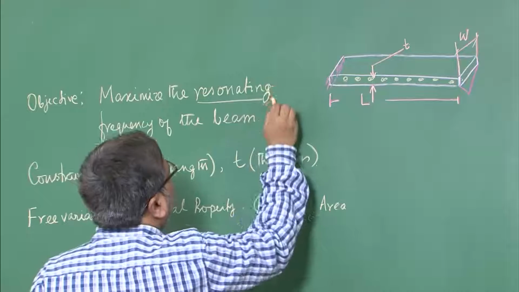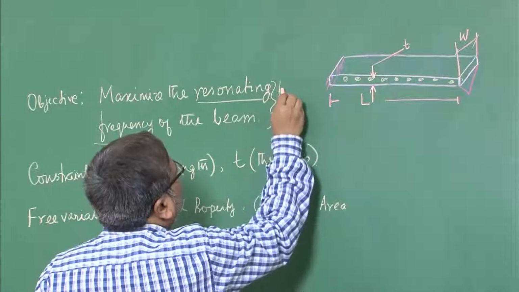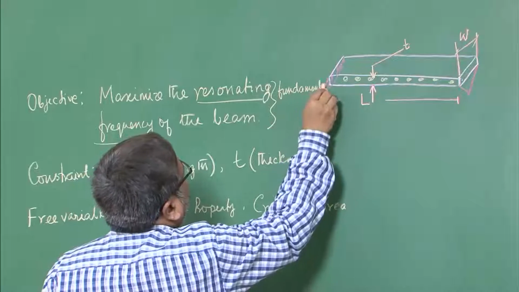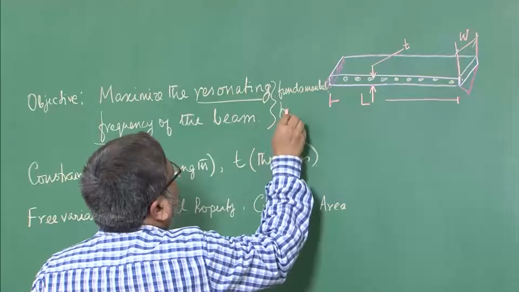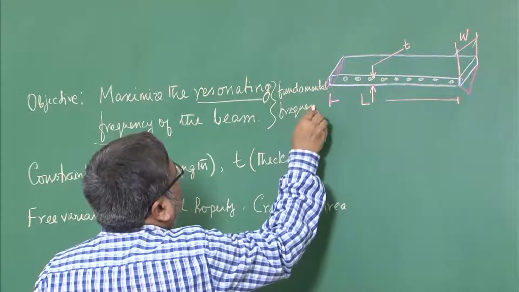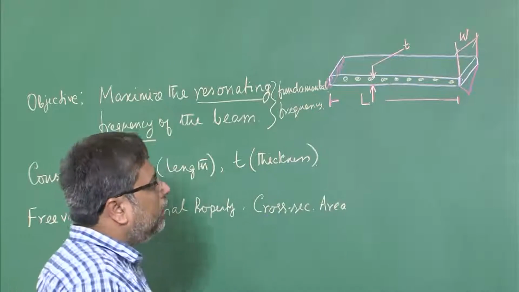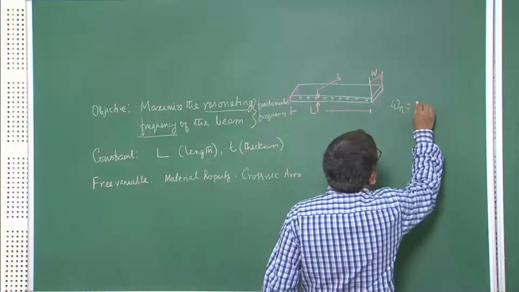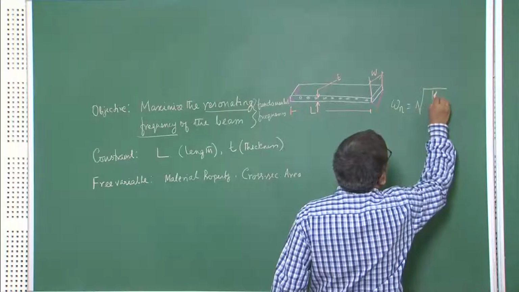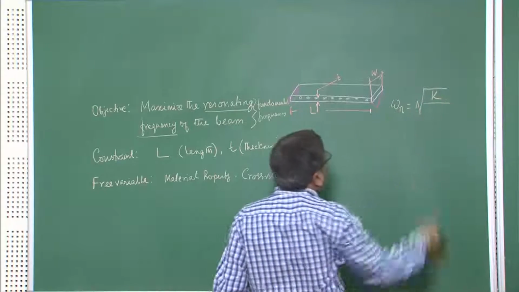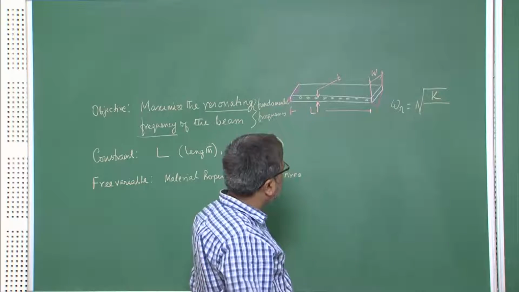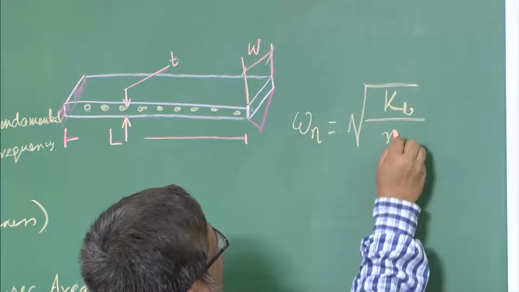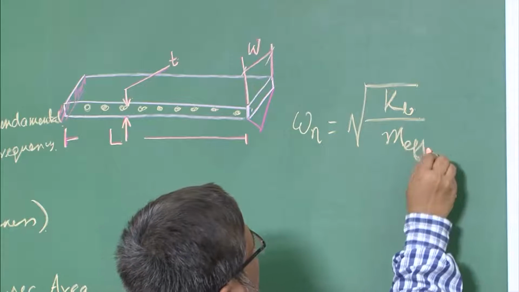So, this is basically nothing but the fundamental frequency, and one way to obtain this fundamental frequency is that we consider this omega n as square root of k, that is the stiffness, the bending stiffness, the bending mode. So, we may put it as kb over effective mass.